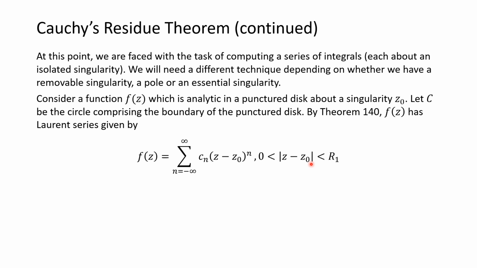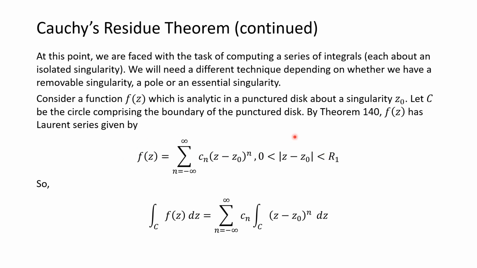But that's always possible because we only have a finite number of singularities. So we can always make this radius small enough so that the various punctured disks around each singularity don't intersect each other.